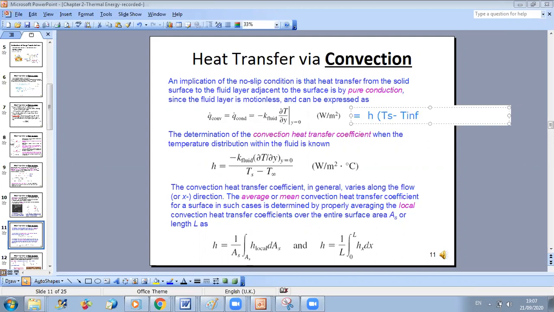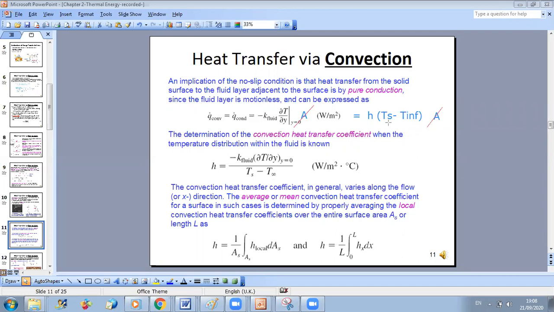Okay? And in general, you can express both rates in watt. So if you express in watt, all you have to do is multiply here by the area. And here also you will multiply by the same area, because the cross-sectional area of conduction is the same as the area of contact between the fluid and the surface. So A will be simplified, and then you express your flux in watt per meter square.